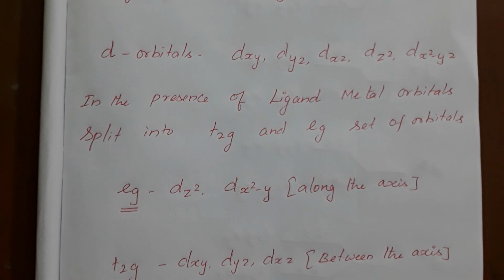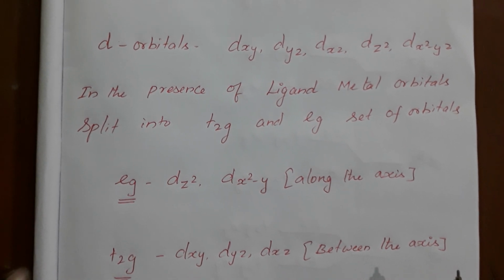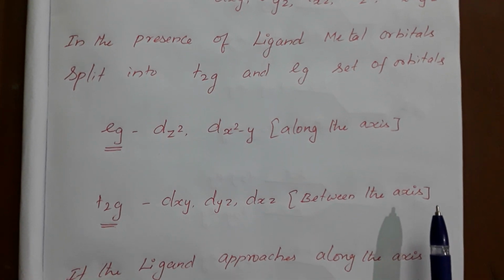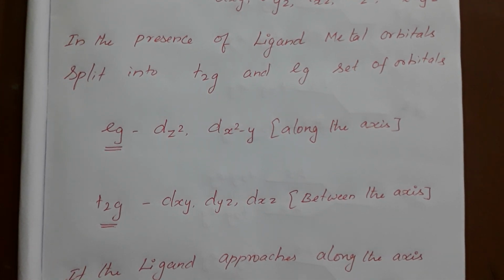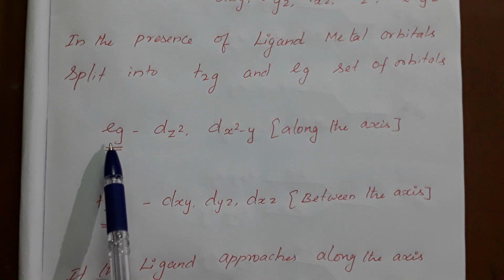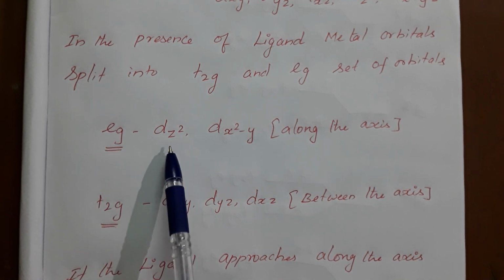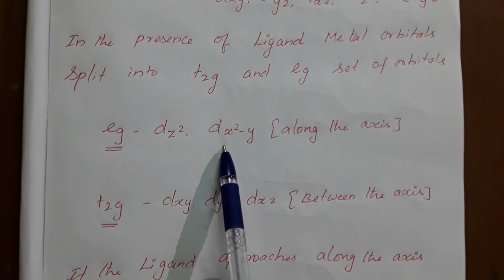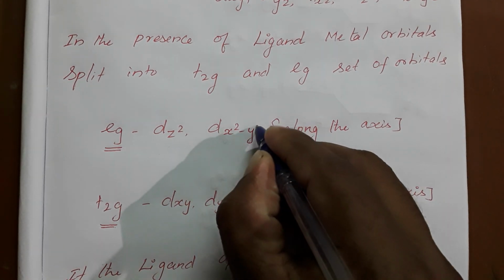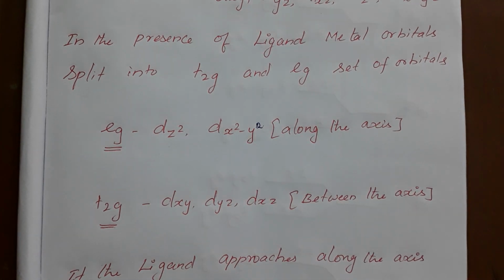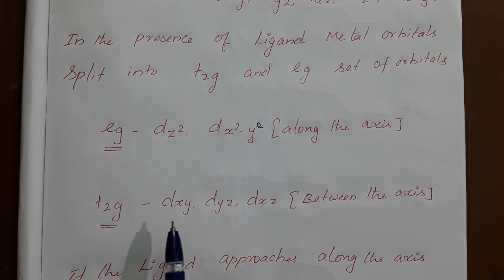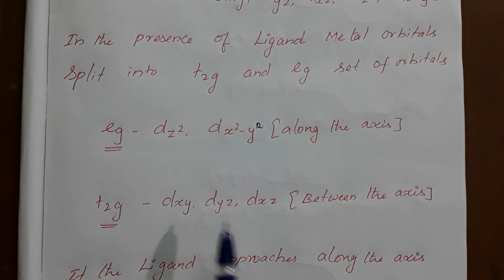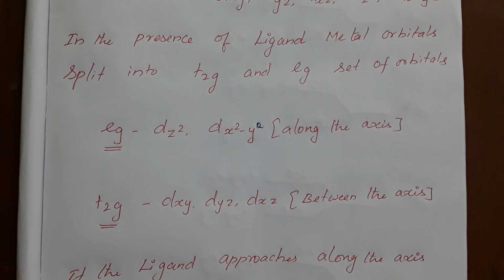One is along the axis, another one is between the axes. When along the axis, they are converted into the Eg set of orbitals, that is dz square and dx square minus y square. And when the ligand approaches in between the axes, they are the three orbitals dxy, dyz and dxz.